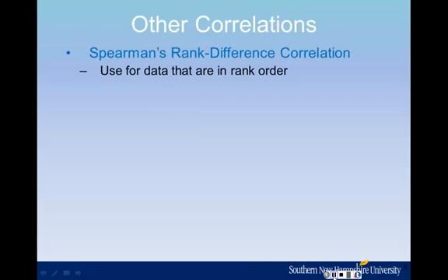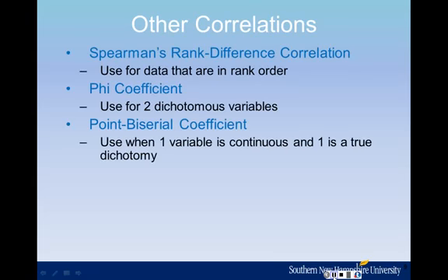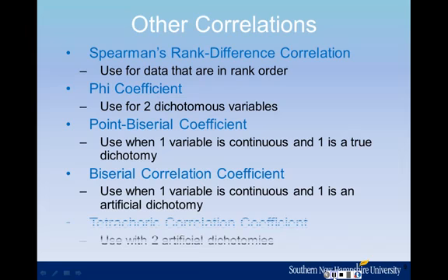So when you have these other scales of measurement, there are a bunch of different other kinds of correlations that you can run when you have different kinds of data. So the one that I already showed you, the big fancy equation, the Pearson product moment correlation, that is used for interval and ratio data. And these that you see on your screen are for different kinds of data.